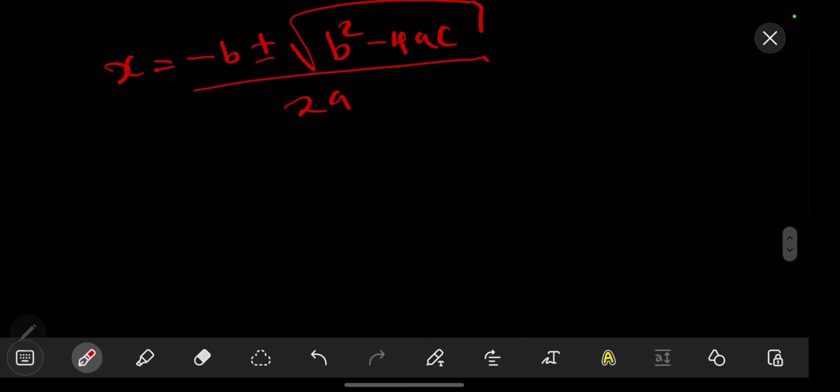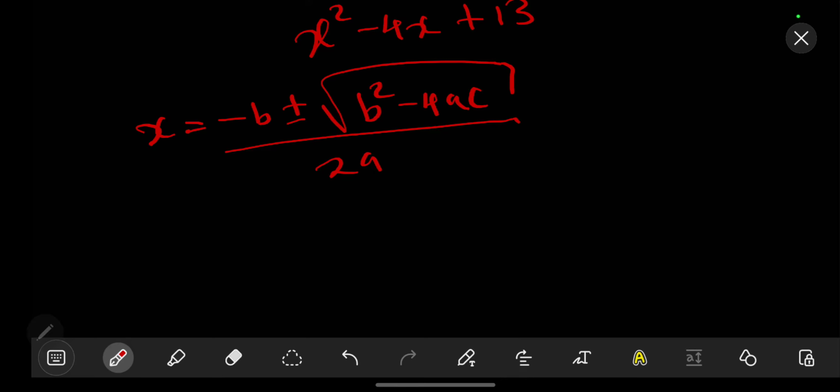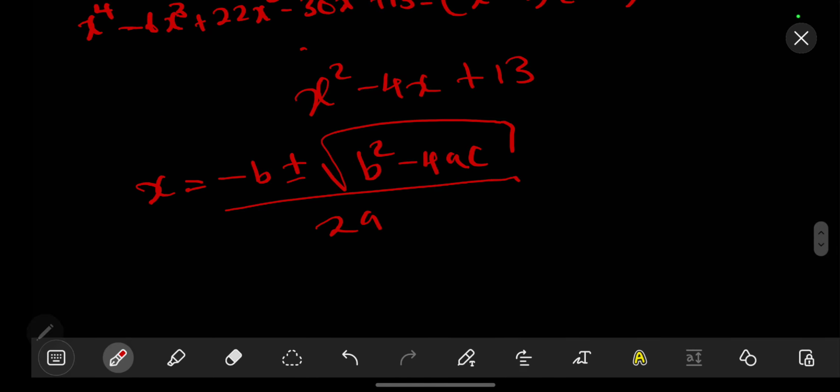In a quadratic equation, the one with x squared, that's your a, this is your b, and this is your c.